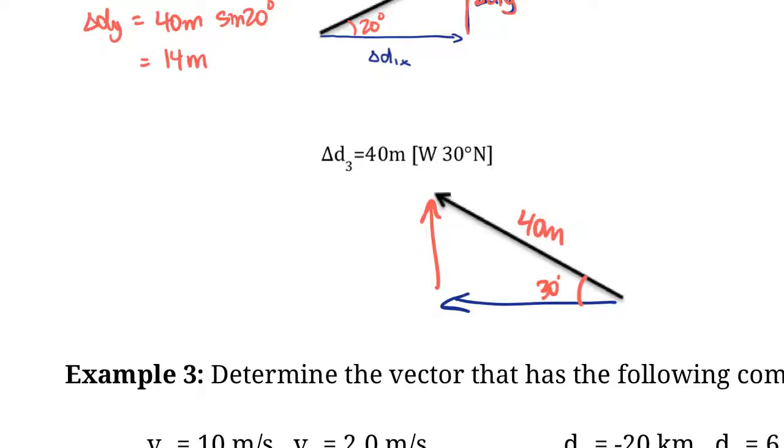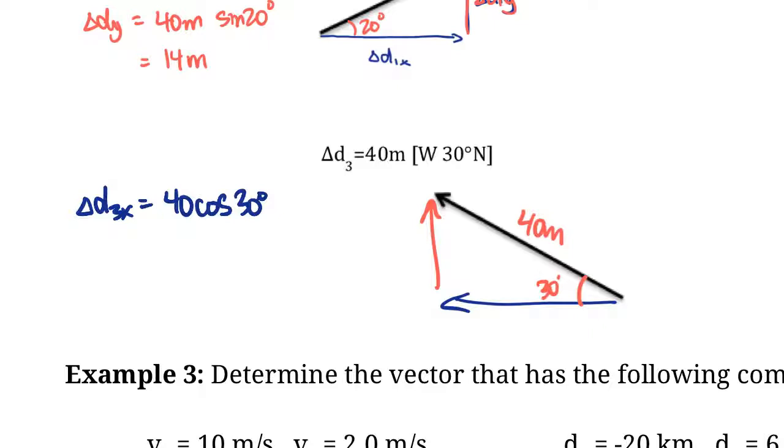Super simple. So the x component, delta d3x, is going to be 40 meters cos 30 degrees, right? Because cos is the x component.